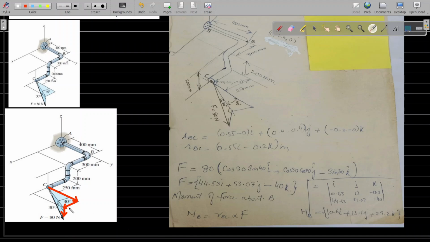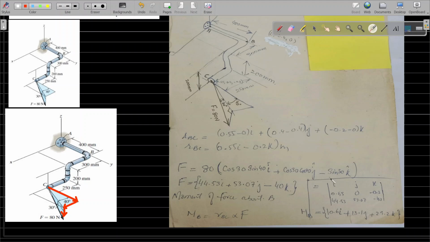The other components for I and J: if this is sine 30, then this line will be cos 30. The x component will be 80 cos 30 sine 40, and since this axis direction is positive, we take it positive. The J component will be 80 cos 30 cos 40, and since this direction is along positive y, it is positive.